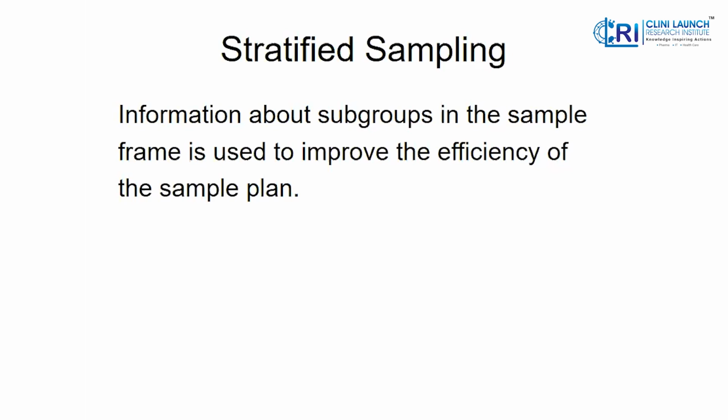I said a population can be stratified by any variable that is available for all units on the sampling frame prior to sampling, which means if you have a population, if you have collected your data on some variables, for example, age, sex, residence, or any other variable.